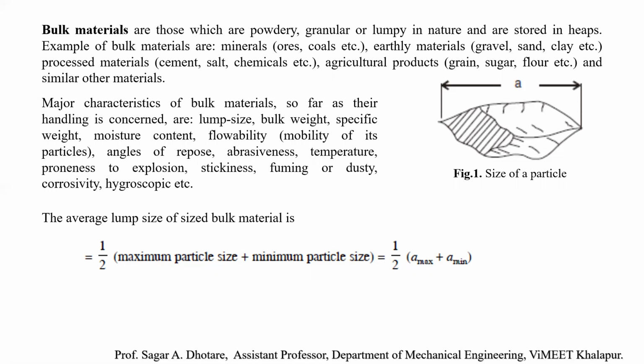The major characteristics of the bulk material, so far as handling is concerned, are lump size, bulk weight, specific weight, moisture content, then flowability, angle of repose, abrasiveness, temperature, proneness to explosion, stickiness, foaming or dusty, corrosive, hygroscopic, etc. Because of that, for lump size, in figure number one I have shown some particle sizes.